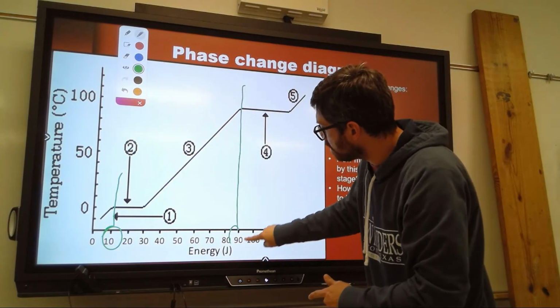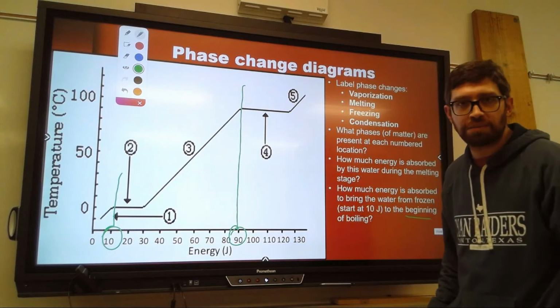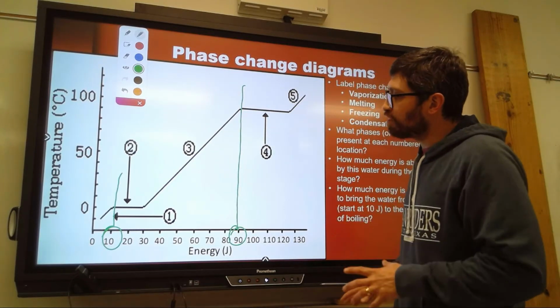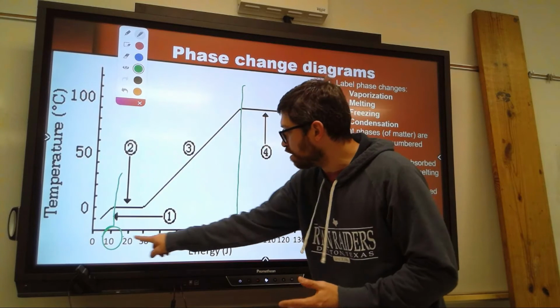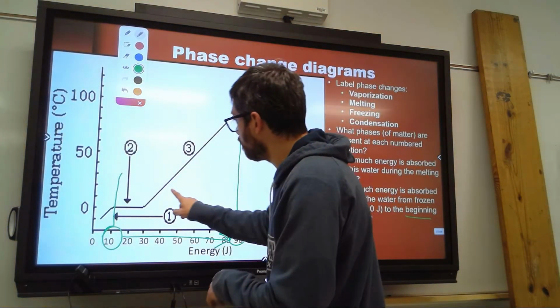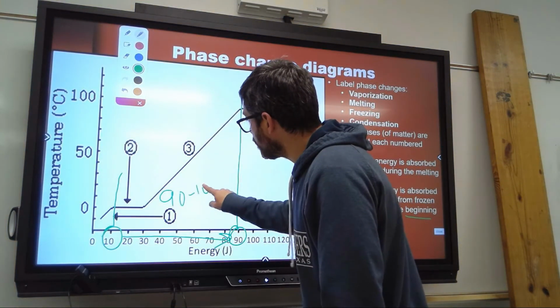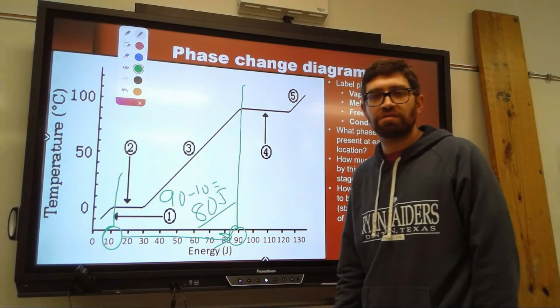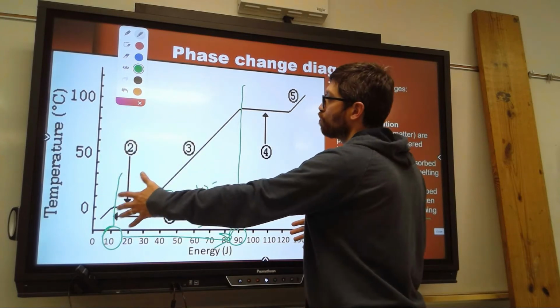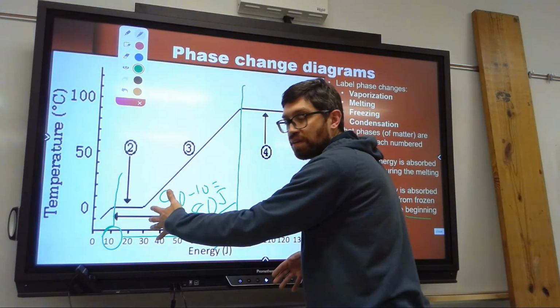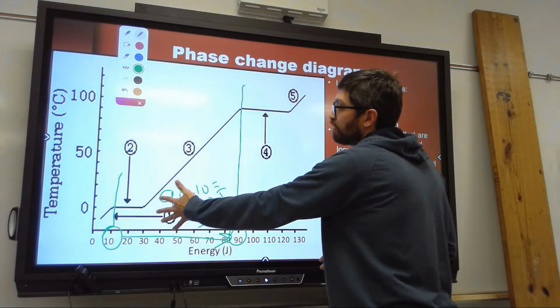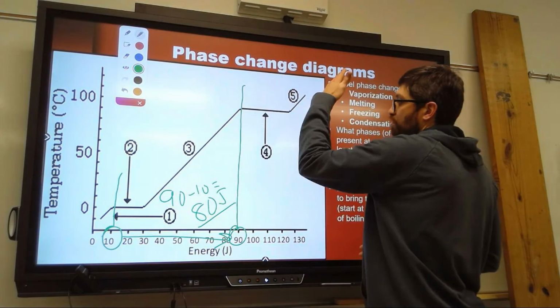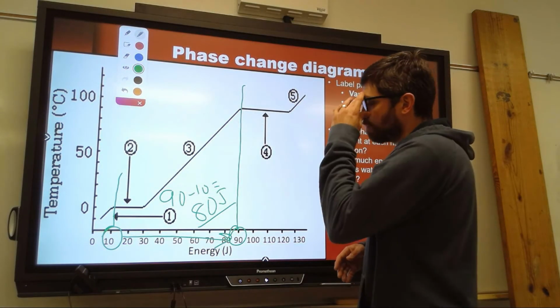We're going to say that that's sitting at 90 joules. It may not be exactly, but that's what I'm going to say. How much energy is absorbed during all this to go from 10 to 90? Again, should be easy to figure out because 90 minus 10 gives us a total of 80 joules of energy that this thing had to absorb in order to melt all of this ice and bring the liquid all the way up to a temperature where it begins to vaporize.